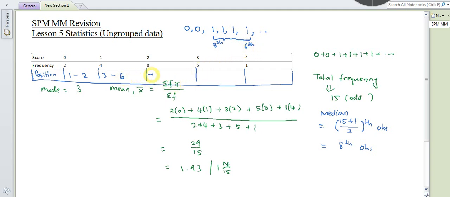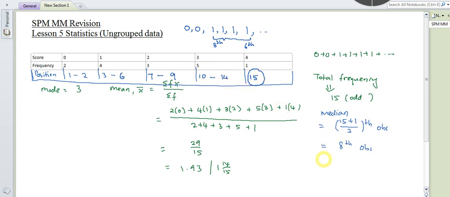Here must be 7. 6 plus 3, 9. So over here will be 10. 9 plus 5, 14. The last one, 15. Always make sure that the last number here is the total frequency of your data.